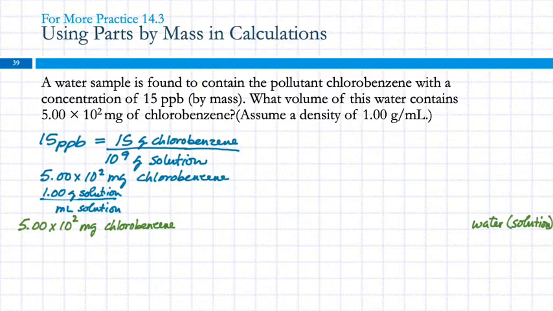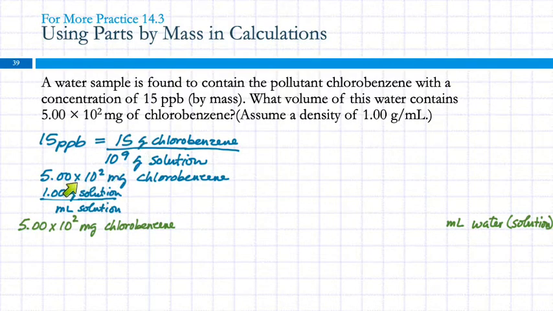Teeny, teeny, tiny bit. I'm asked for a volume, and it doesn't specify the unit. What would be an easy unit? Milliliters, because I've got the density there in milliliters, so I'm just going to find this in milliliters of water. Okay? So now I need to figure out how can I get from milligrams of chlorobenzene to milliliters of water.